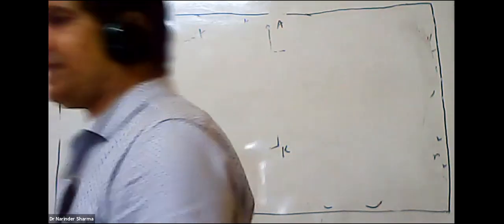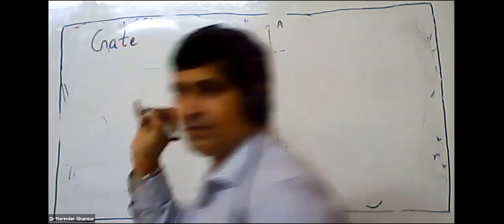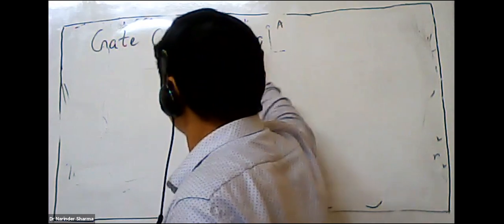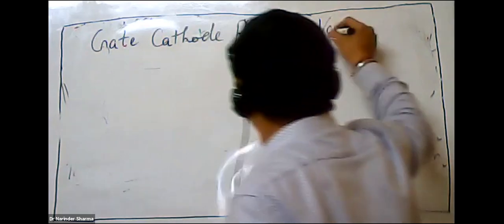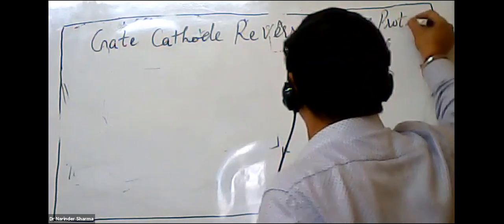Next is the gate cathode reverse voltage protection.